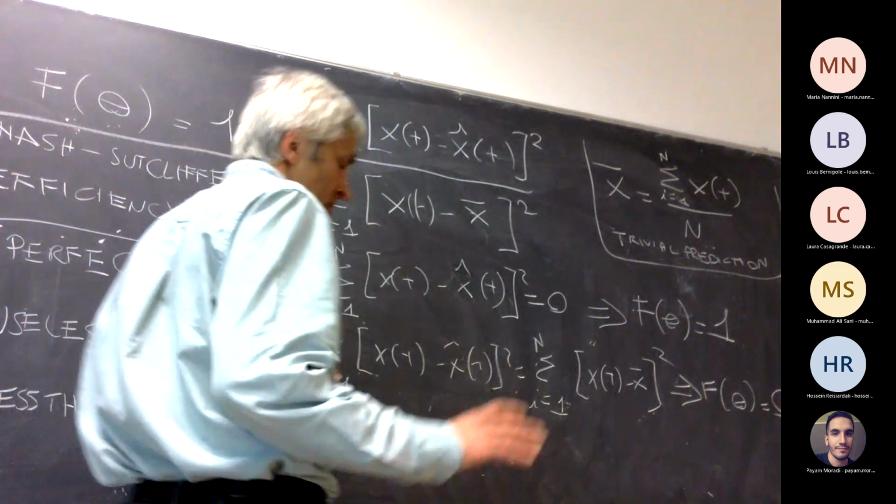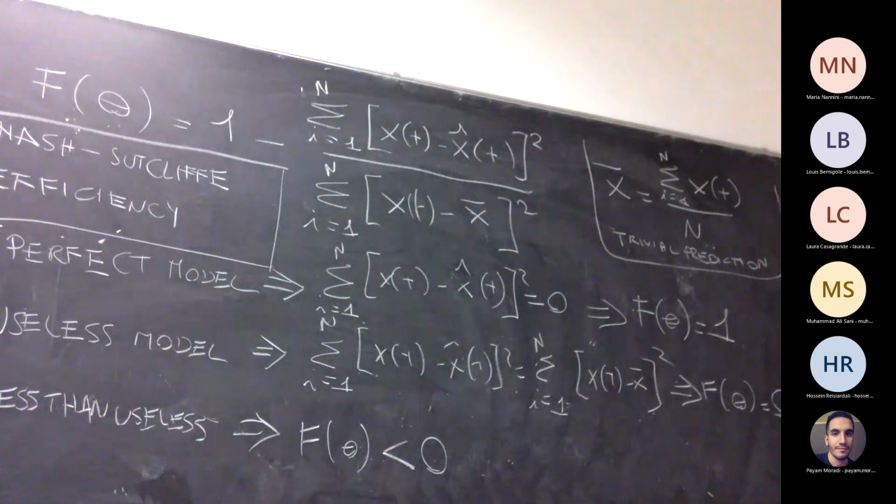This is a typical question at the exam. Objective function. Can you please write down the expression for the least square objective function and the Nash efficiency? This is a typical question.